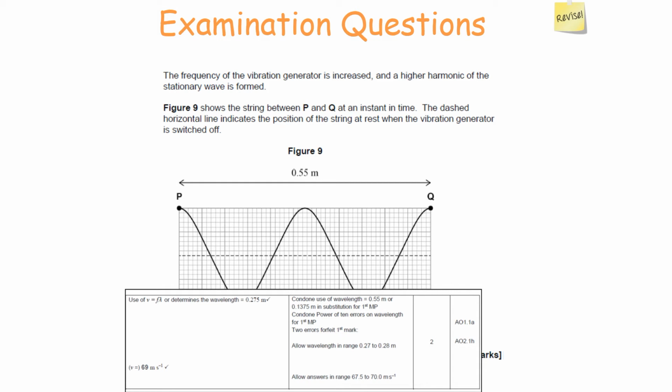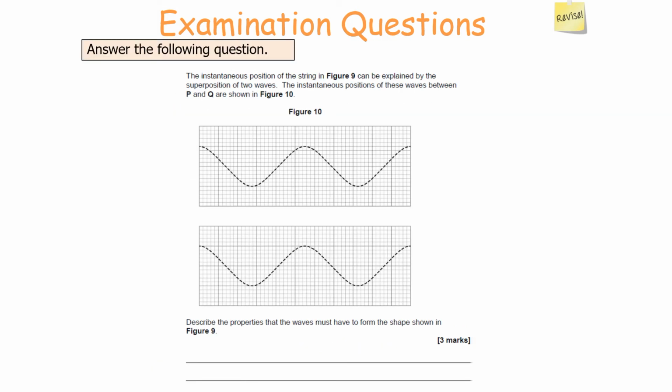The distance of one wavelength is from peak to peak, or similar point to similar point on the next wave. So it's going to be half of 0.55 meters, which is 0.275 meters. We know our frequency, it was given in the question. We multiply the two values and we get 69 meters per second. Again, that's an appropriate estimation for the speed of a standing wave on a string. Let's have a look at our next question.